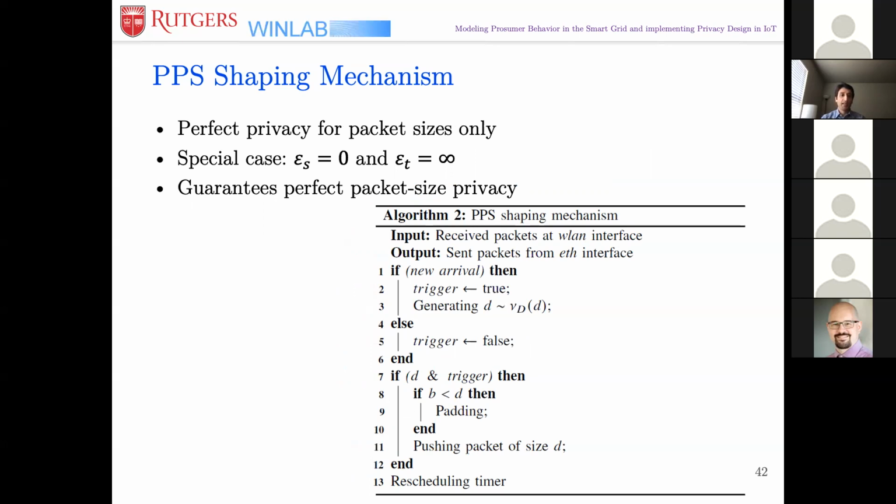The PPS shaper sends a packet only when there is an arrival in the time period of T. Otherwise, it stays inactive and waits for the next period. So when the system receives a packet, then size D will be sampled IID from the optimized distribution. In this case, if the size of the buffer is less than D, the shaper pads enough dummy bytes to the output packet to make a packet of size D.